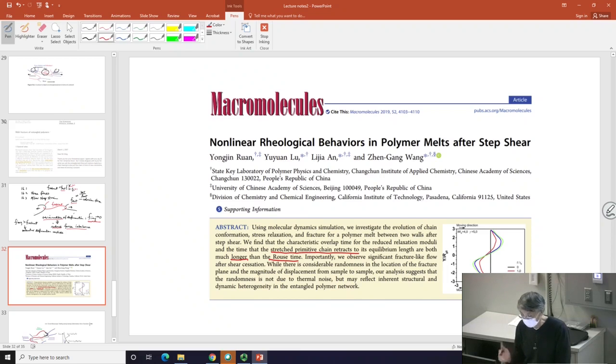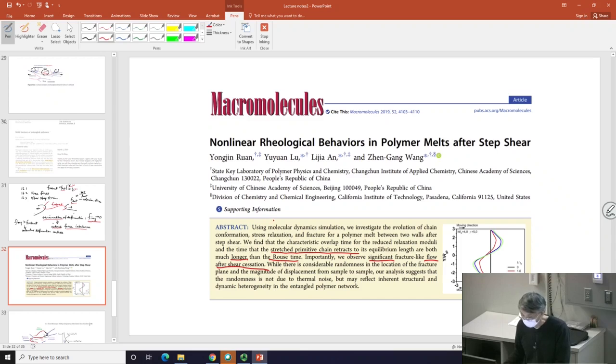So there is some barrier that suggests it's not a very free Rouse retraction. And apparently this retraction may not occur homogeneously, and as a consequence, they do observe motion after step shear, after shear cessation.